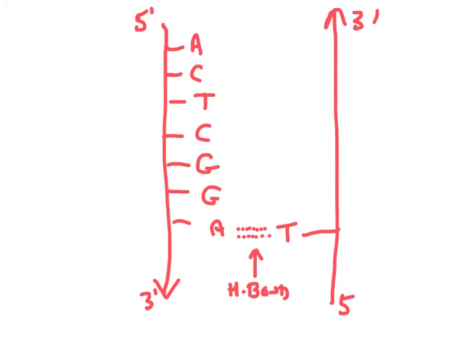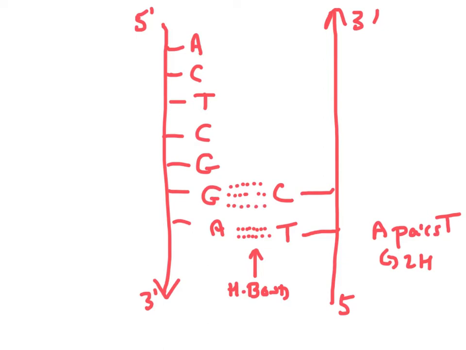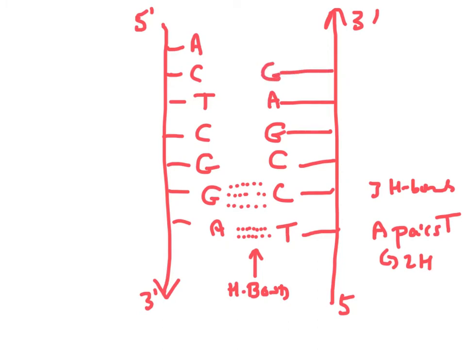Notice I put two dotted lines. The bond between A and T, okay, A pairs with T, and it does it with two hydrogen bonds, and C pairs with G, and it actually has 3 hydrogen bonds. So this would be a C, G, A, G, T. Okay, 2, 3, 3, 3.